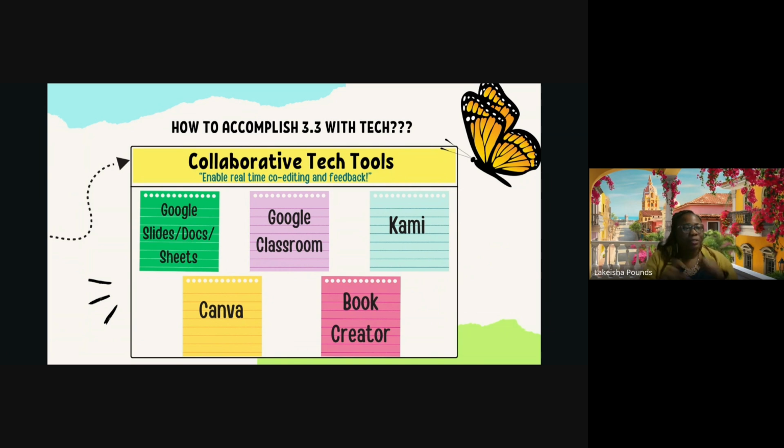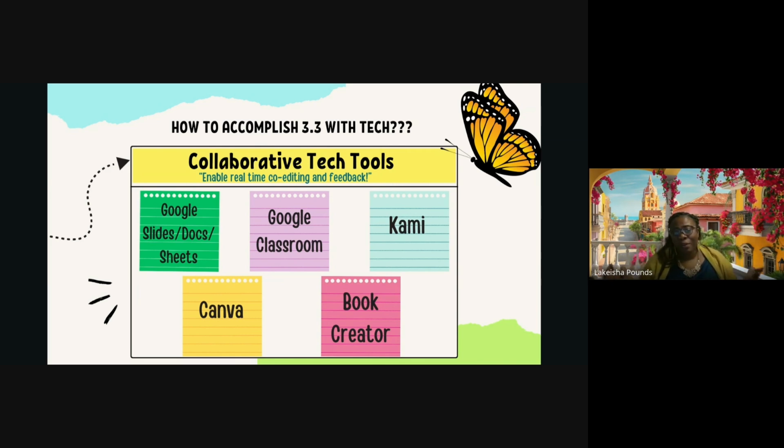Or edits or marks. Then you can give them guidelines as to how they should respond to somebody else's work. So it gives them the ability to not only work digitally, but to work together, collaborate, and respond and give feedback at the same time in a positive manner. All of these platforms allow this to happen.